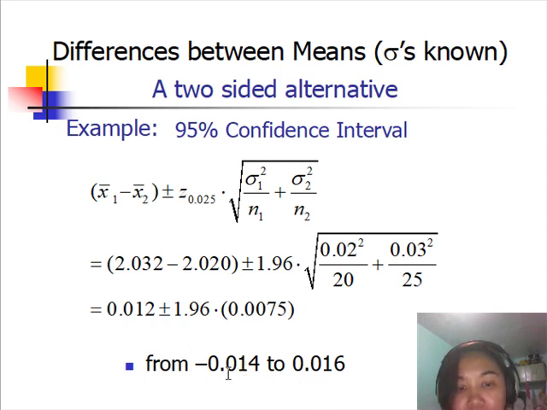So take note, this is a negative value, this is a positive value. Basically 0 is within the limits. If it is within the interval, then we say that we cannot reject the null hypothesis. So we might conclude that there is insufficient evidence to conclude that the two means are not equal.